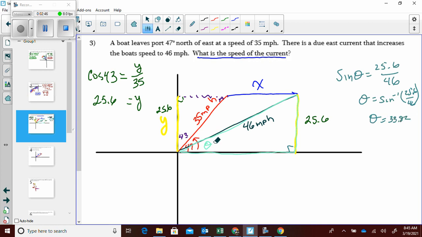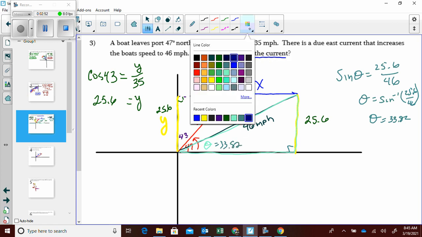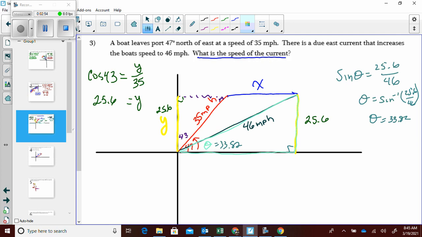So this is 33.82. Well, therefore, if that's 33.82, I'm going to subtract that 33.82 from 47, and I'm going to get 13.18 degrees.